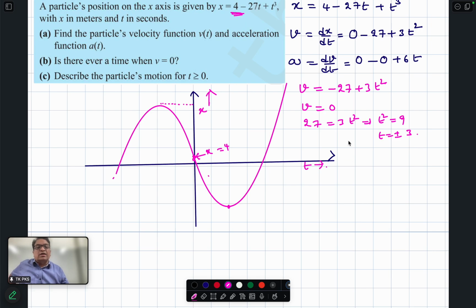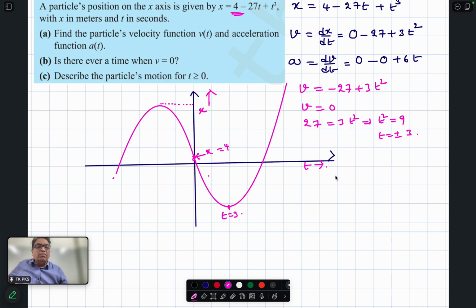Plus or minus 3. Okay, so very clear that at some time the velocity is 0. This happens at t is equal to 3. What about acceleration? Acceleration is constant all the time.